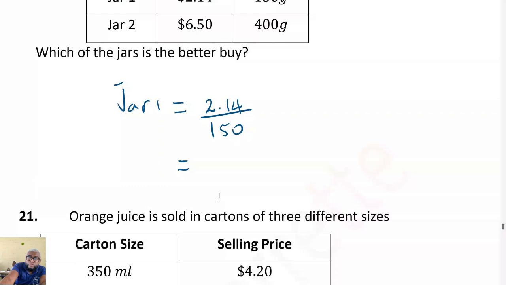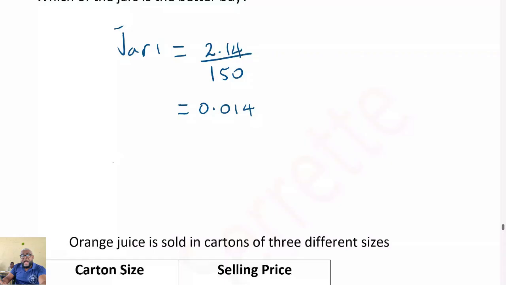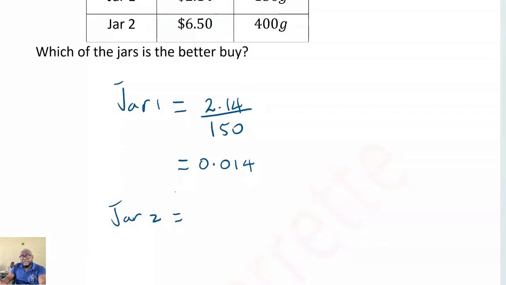2.14 divided by 150, two decimal places, 0.014, which is approximately 0.01, 1 cent per gram. And for jar 2, it will be 6.50 over 400.